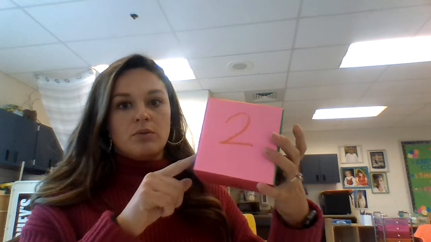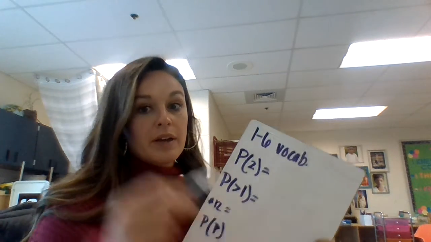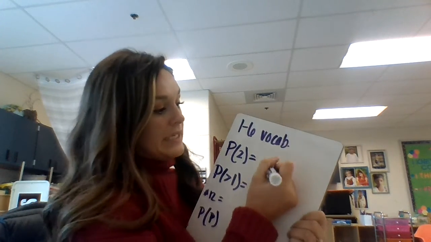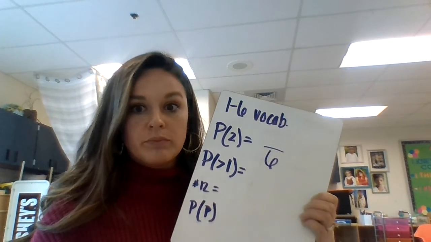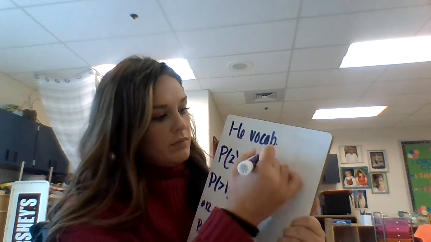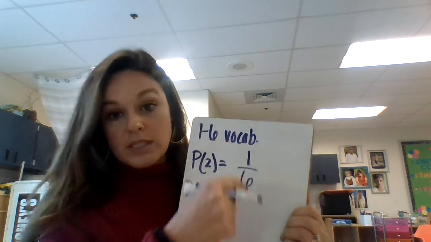How many sides are there on a dice? There's 1, 2, 3, 4, 5, and 6, right? So the total number of possible outcomes, which is your bottom number, is 6. Well, how many sides have the number 2? Only 1. So the probability of rolling a 2 is 1/6. Okay?